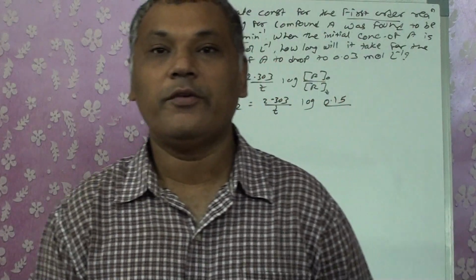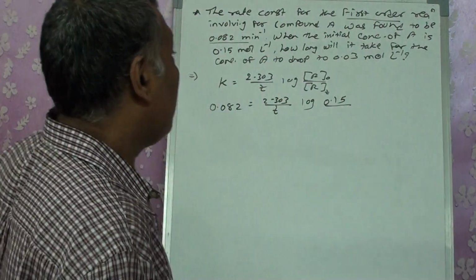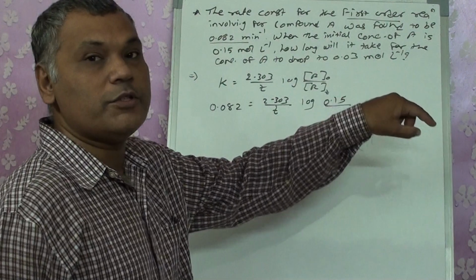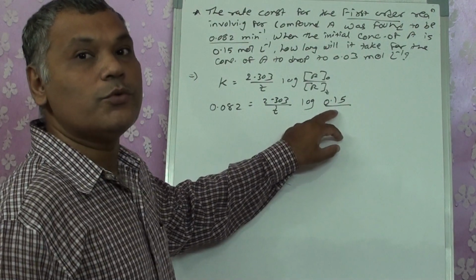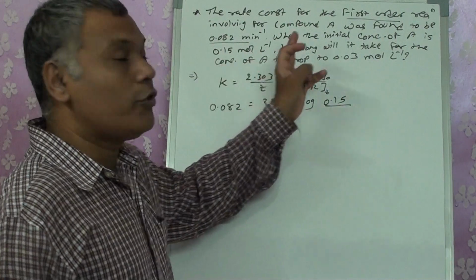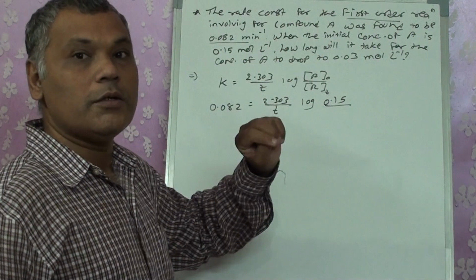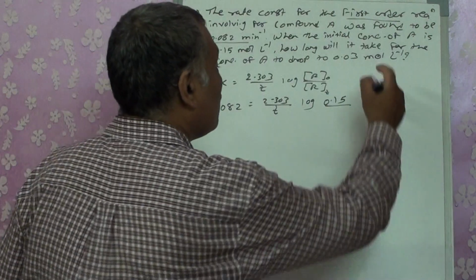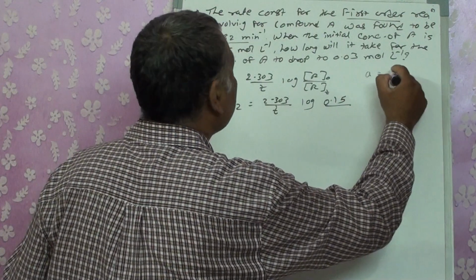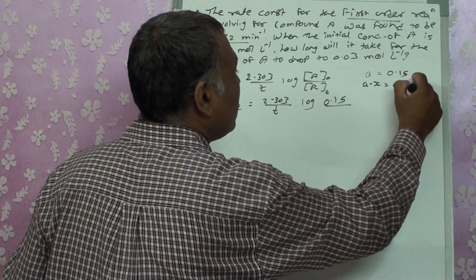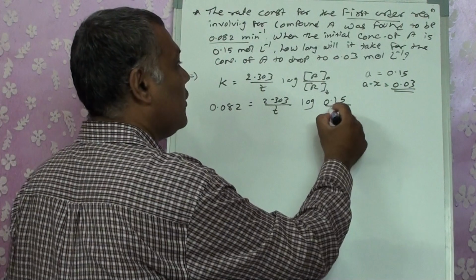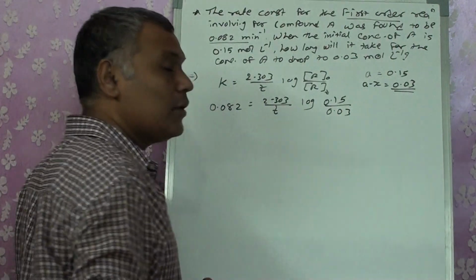Here you have to be very, very careful while writing it. If it is dropped by 0.03, then it would be 0.12 over here, but it is dropped to 0.03, right? So you have been given A is 0.15, so A minus X is already given to us as 0.03, so we put 0.03 over here.